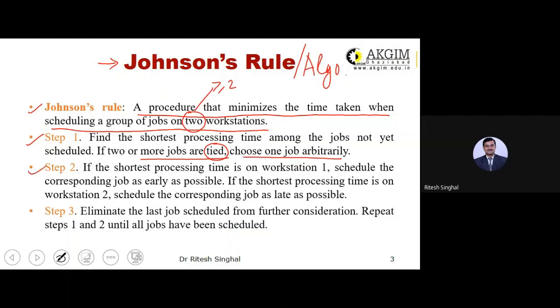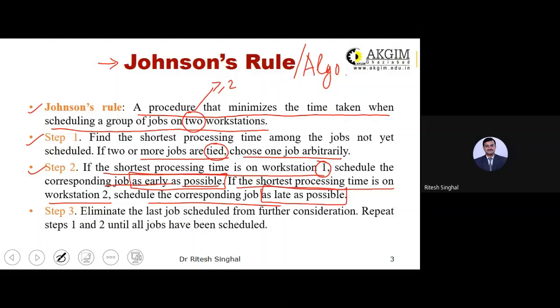Second step is, if the shortest processing time is on workstation 1, then schedule this corresponding job as early as possible. Similarly, if the shortest processing time is on machine 2, then schedule this corresponding job as late as possible.